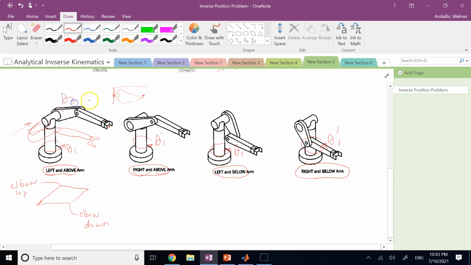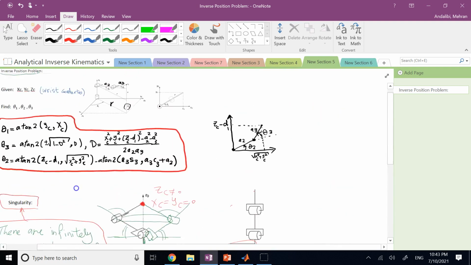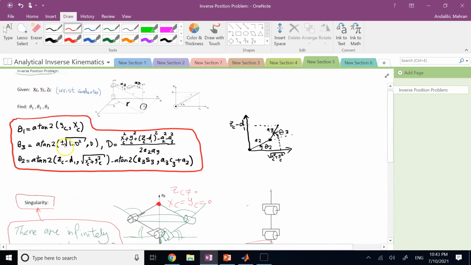Theta 3 for the up positions is negative, and for these down positions, theta 3 is positive. Okay, and you clearly know theta 3 has 2 solutions, right? Because of this positive and negative set. There are 2 solutions, and based on those 2 theta 3s, you have 2 theta 2s.